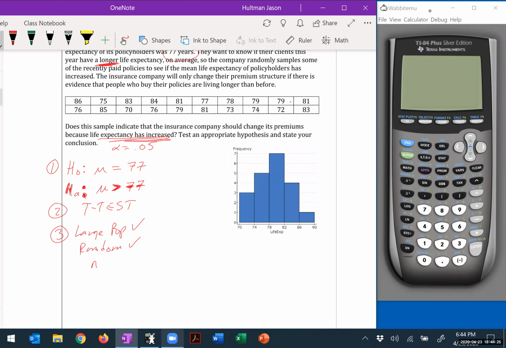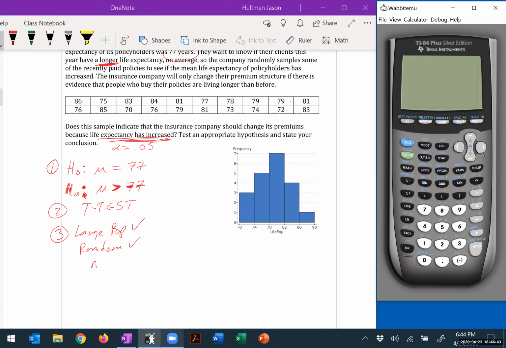And n here is... I have a quick question. Sure. Is a t-test for means and a z-test for proportions? Yeah, but if you're running with the calculator, you don't do a z-test for means.